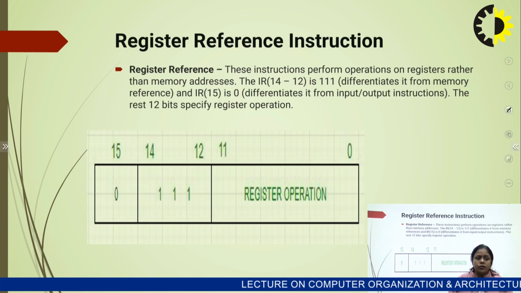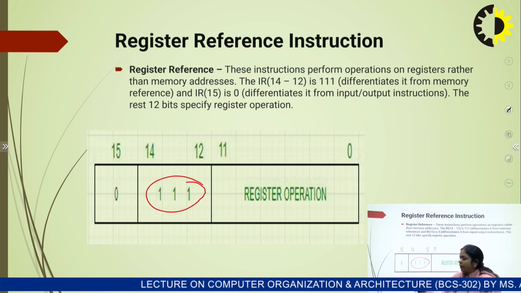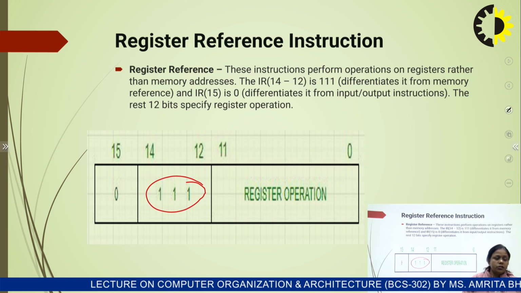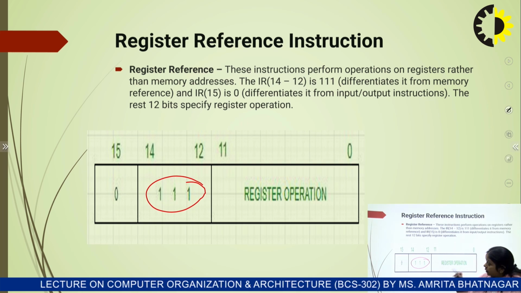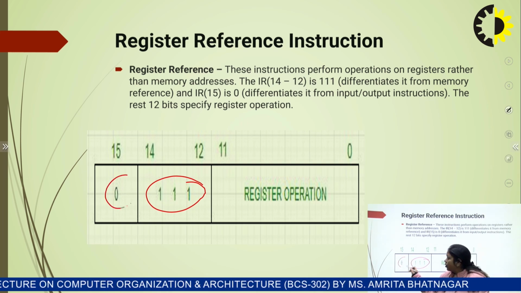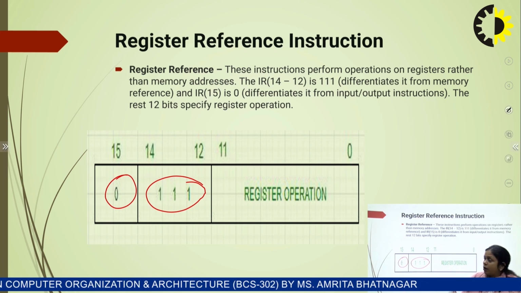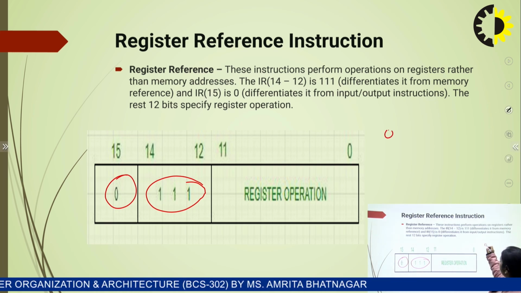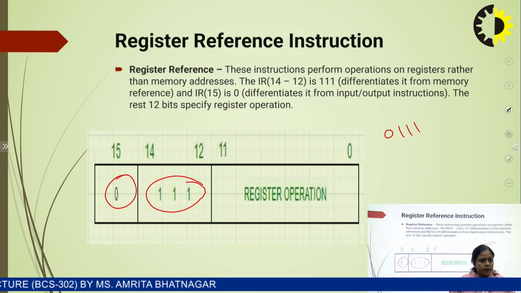Next is the register reference. Now if the value of the opcode is 111, it can be a register reference instruction, and the other thing is the mode bit should be 0 here. If the combination of the mode bit and opcode bits is 0111, then it is a register reference instruction.